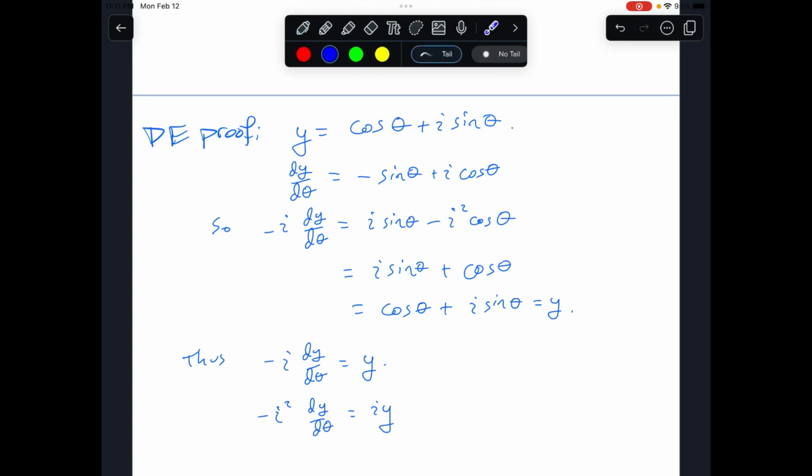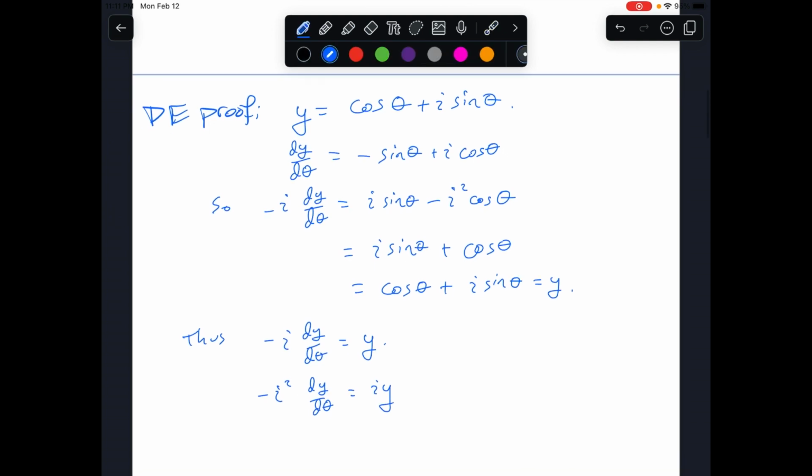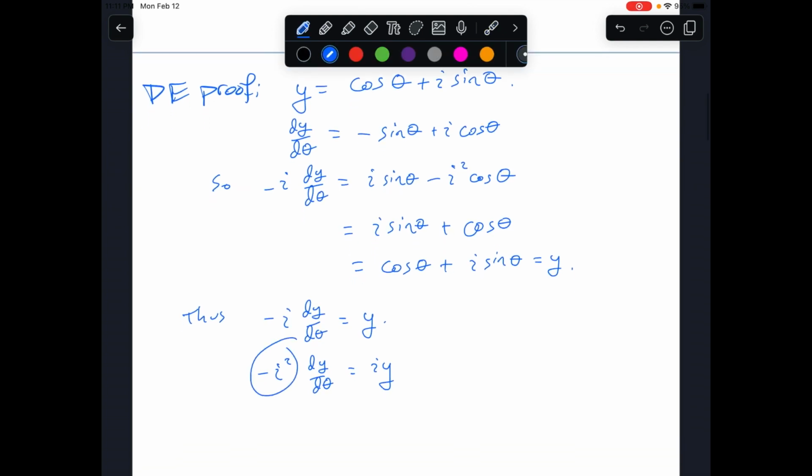Usually when you want to move an i to another part of the equation, you can divide by i, but it is more useful to just multiply by i on both sides, because it's easier to say what i times y is instead of 1 over i. On the left side, negative i squared is equal to positive 1 because i squared equals negative 1, and we have a double negative. So we get dy d theta equals i times y.